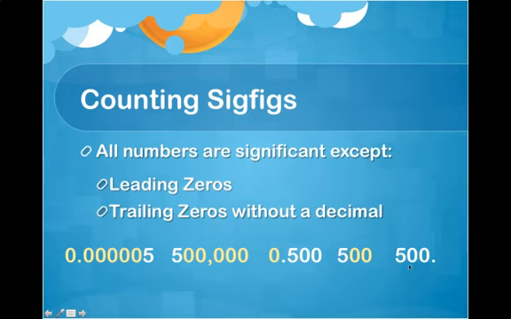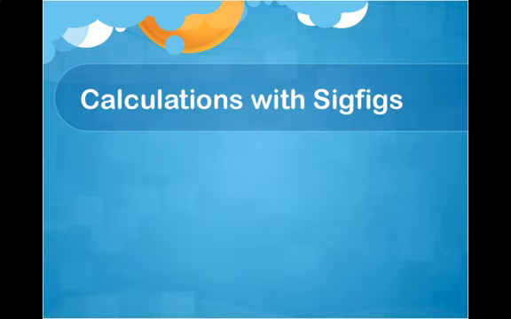If the scientist takes the time to put that decimal point, then these numbers are significant. These zeros are also trailing zeros, but they're significant because there's a decimal point in the number. A decimal point automatically makes any trailing zero in a number significant. But remember, leading zeros are never, ever, ever significant.